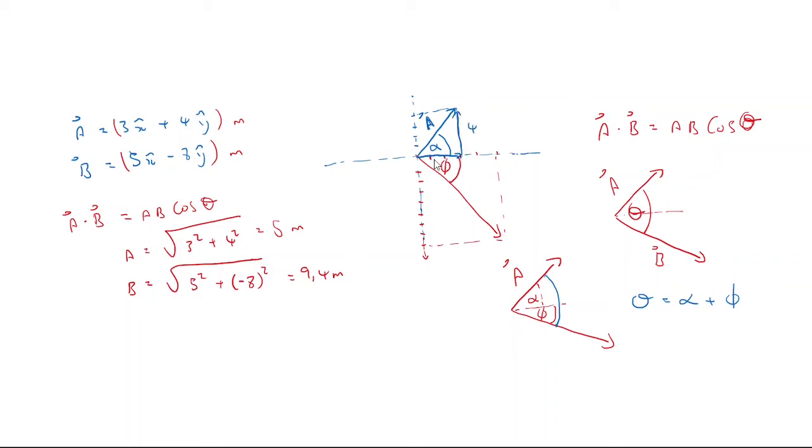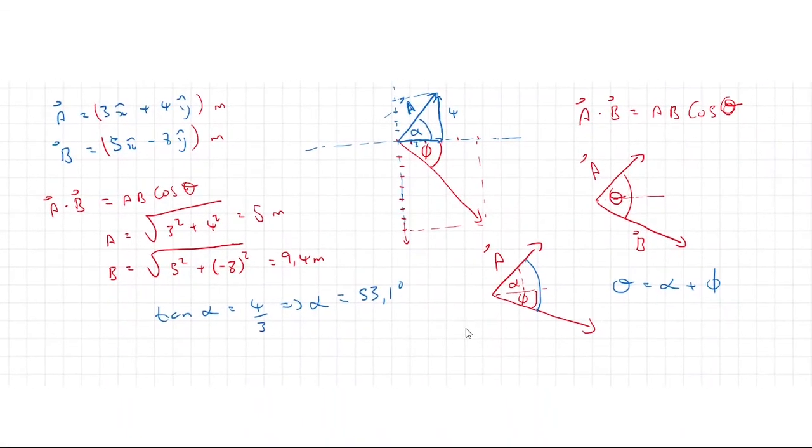So I can say tan of alpha is going to be 4 over 3, which means that alpha is going to be the inverse tan of 4 over 3, which is 53.1 degrees.